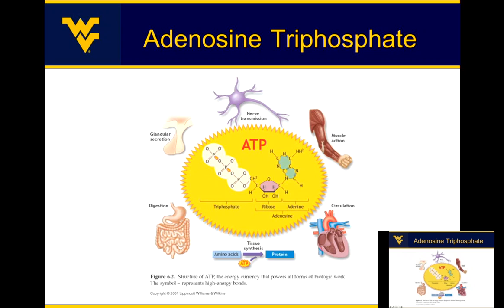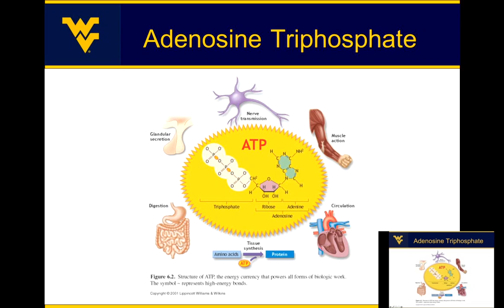And so how does that work? Well, what is ATP? ATP is formed from a molecule of adenine, which is a nitrogenous base, and it binds to the sugar ribose and forms adenosine. And adenosine binds to three inorganic phosphates. And I like the way the schematic is showing you.